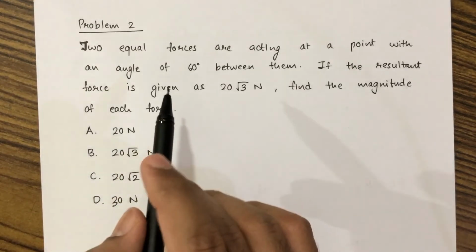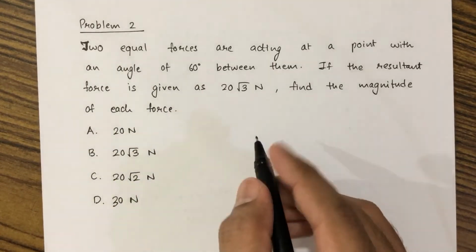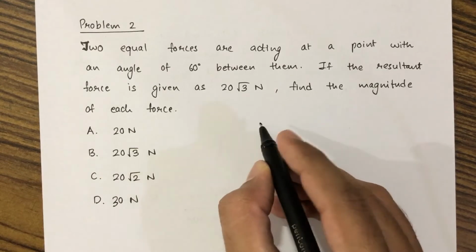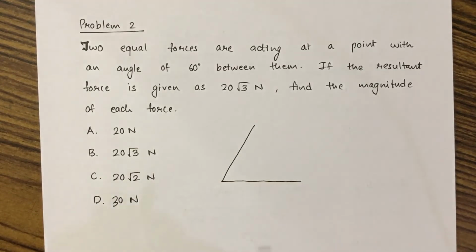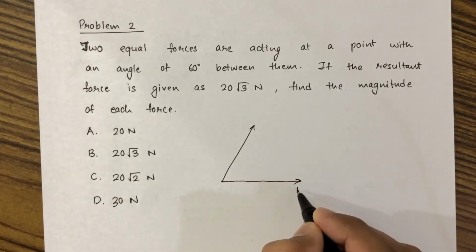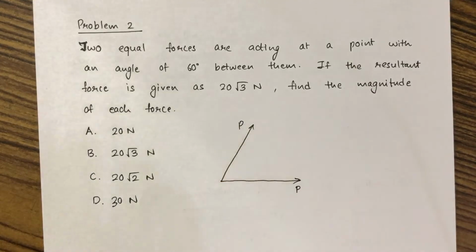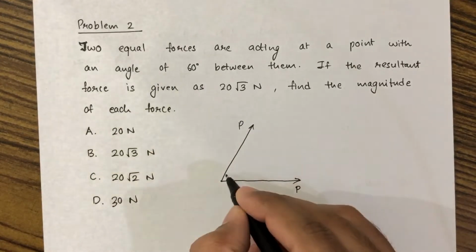Now it is saying two equal forces are acting at a point with an angle of 60 degree. So suppose there are two forces and both the forces are equal, so let us call them force P itself. And they are acting at an angle 60 degrees.